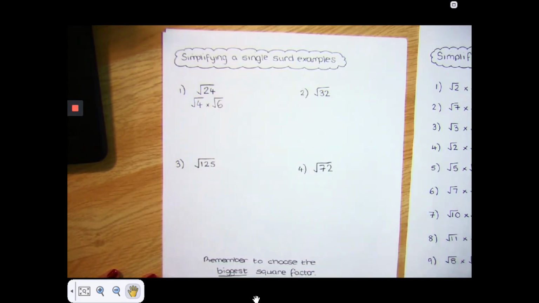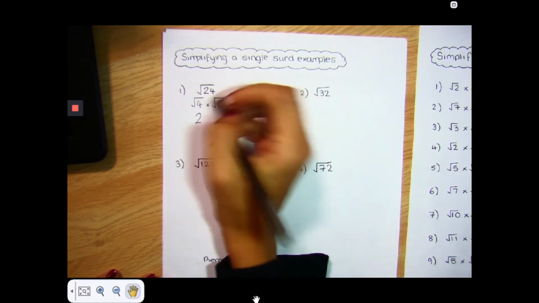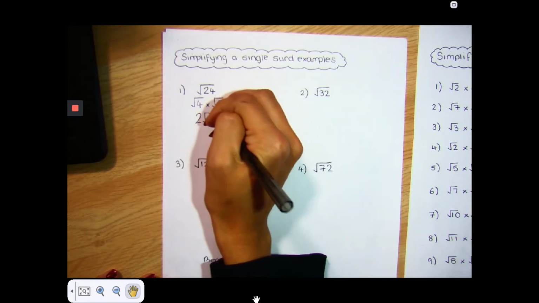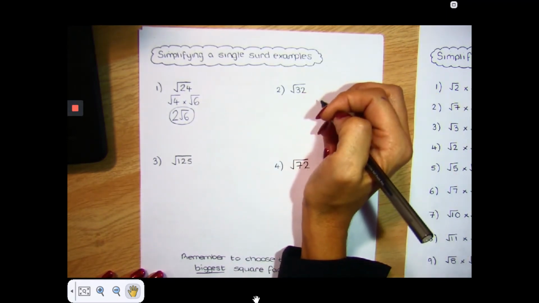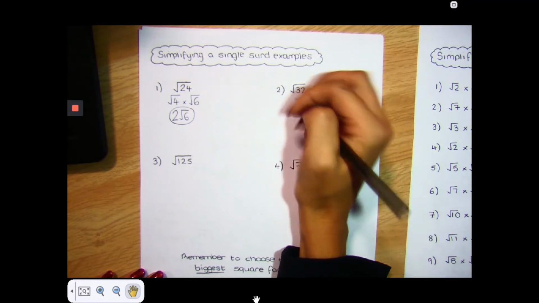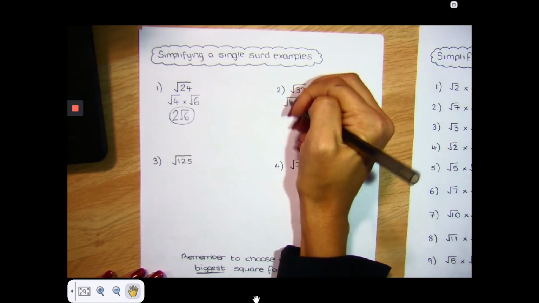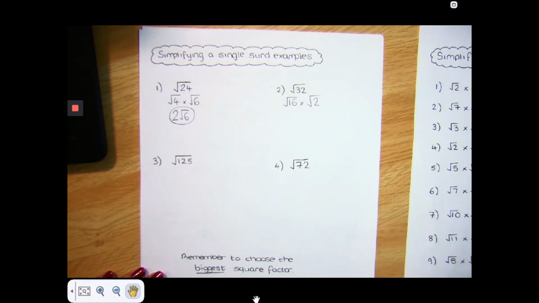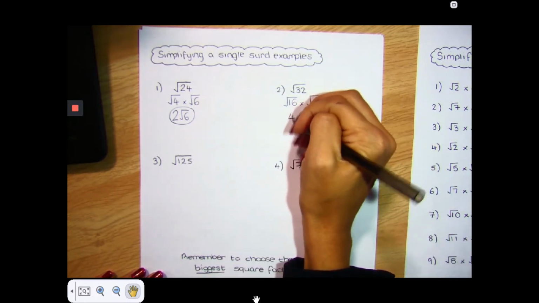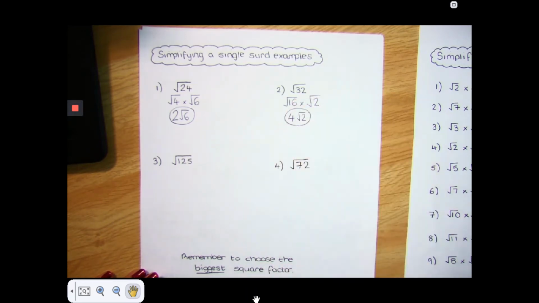On number 2, root 32, I'm going to split that up into the biggest possible square number and another factor. Now the biggest possible one for this is 16, and 2. So root 16 times root 2, which is 4 root 2. Number 3, splitting up root 125, I'm going to go root 25 times root 5.